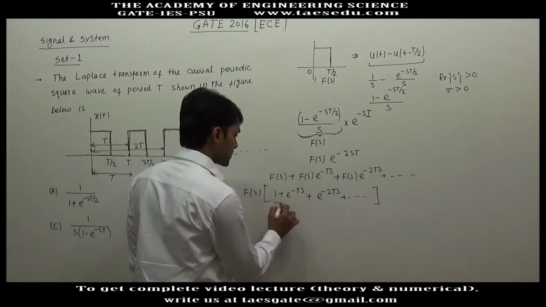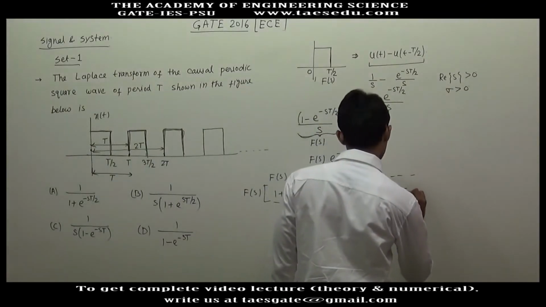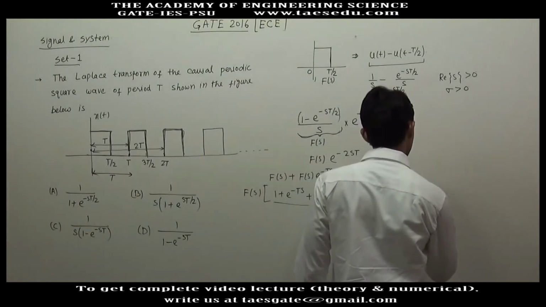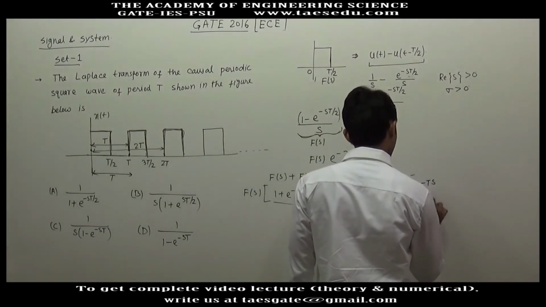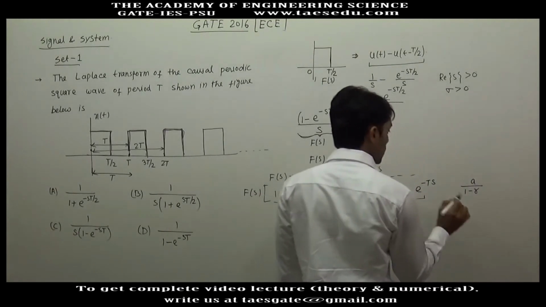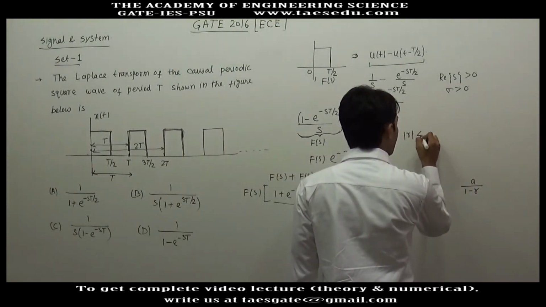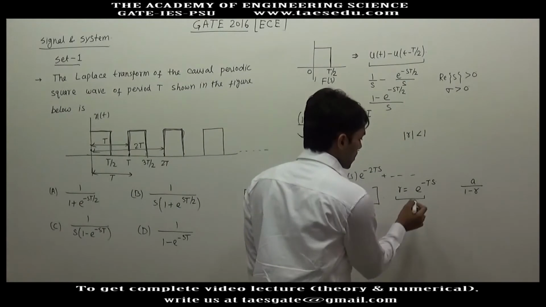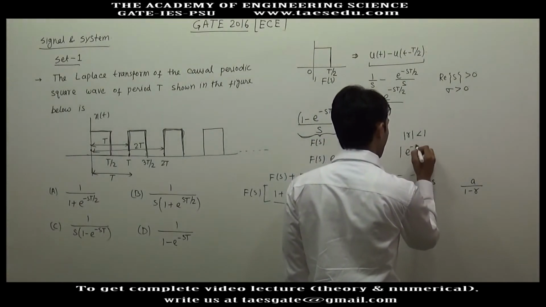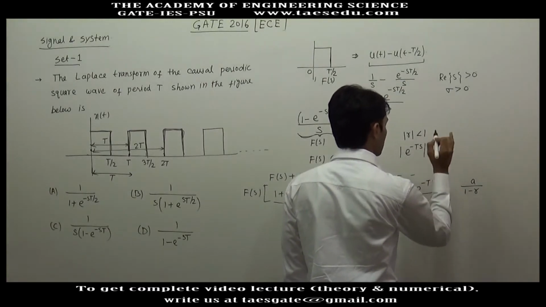This is a geometric series, and the common ratio is e to power minus sT. So we can apply the formula: first term divided by 1 minus r, provided the mod of r is less than 1. Here r is e to power minus sT, so the mod of e to power minus sT must be less than 1.